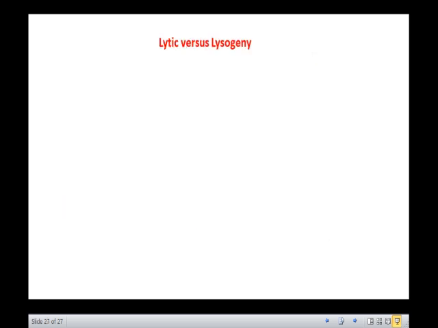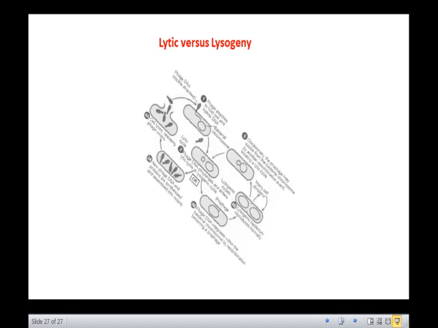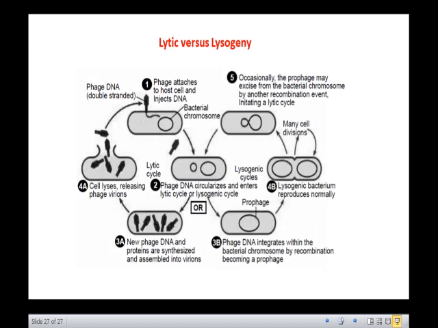Thus, lambda phage can lead two different life cycles. It can lead the lytic cycle, wherein upon injection of the DNA into the host cell, the DNA undergoes circularization. The phage genes are expressed, phage DNA is replicated, and many phage particles are produced and are released by lysis.